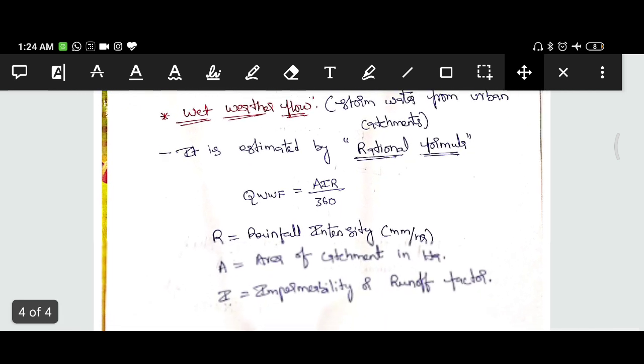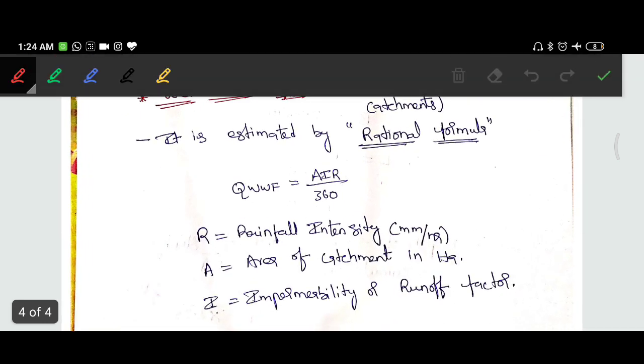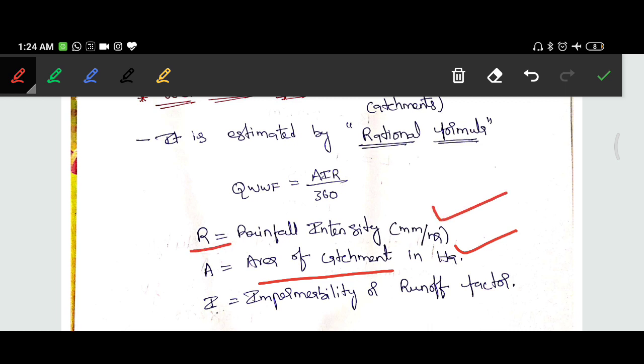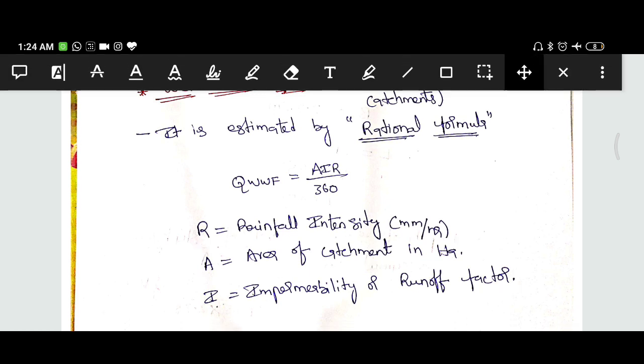Here A is the area of catchment in hectares, R is the rainfall intensity in mm per hour, and I is the runoff coefficient or runoff factor. So now we'll come back to the problem.